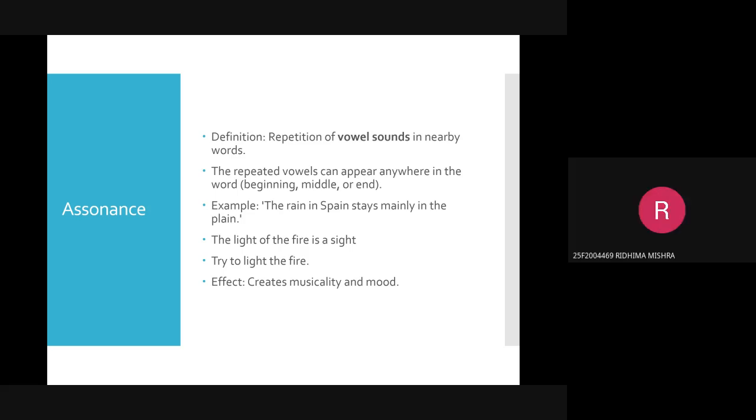It's I. Yes, the I sound, definitely. The light of the fire is a sight. Primarily the I sound comes through light and fire and sight. The E also, definitely yes. Where do you find the sound E?